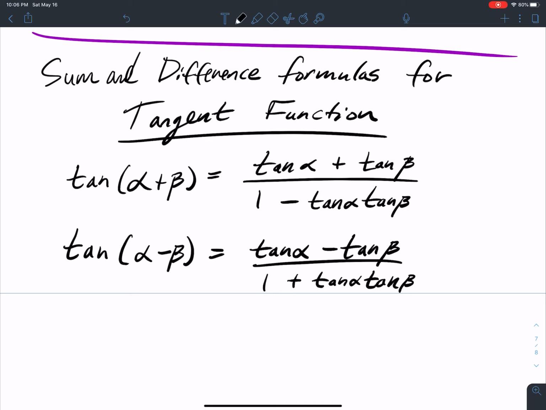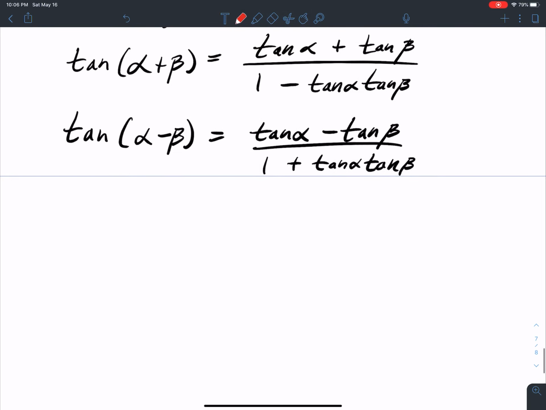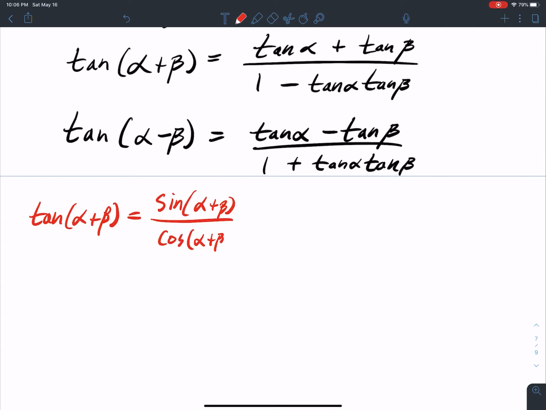Okay, so let's run through the proof for this, and we'll start with the tangent sum identity. Tangent of alpha plus beta is equal to, well, tangent is sine over cosine, so that's sine of alpha plus beta divided by cosine of alpha plus beta.